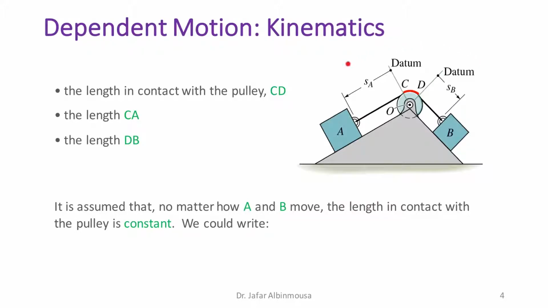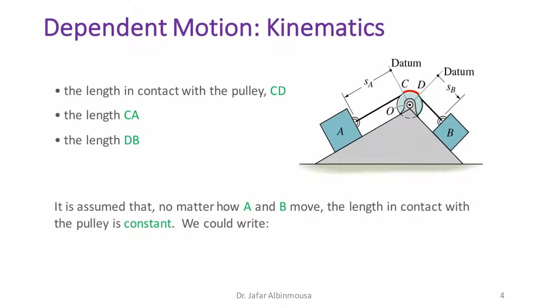So in this figure, we can see that we have two blocks, block A and block B, and they are both sliding on different inclines, as you see here, but they are both connected by a cable or a rod. Now, what is important over here is that to establish the kinematic relation, we will start by length.